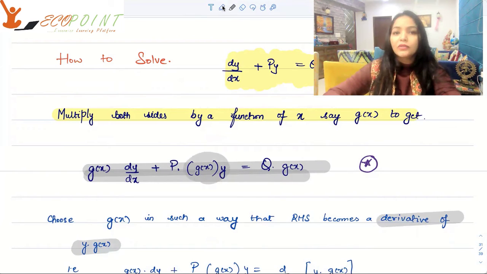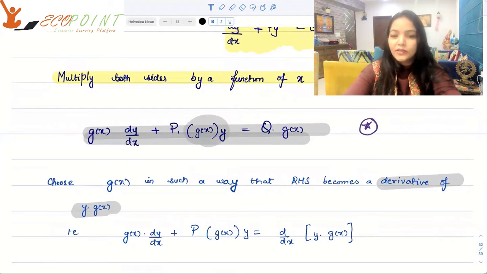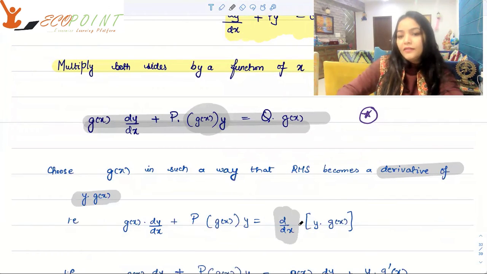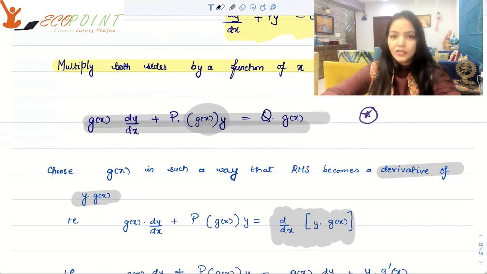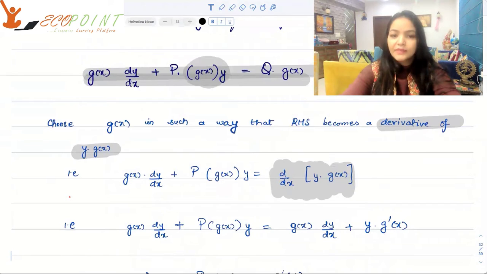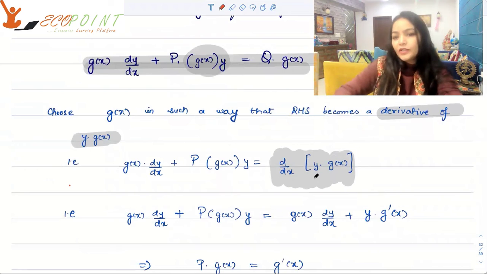So you have g(x) dy by dx plus p g(x) y equals the derivative of y into g(x).